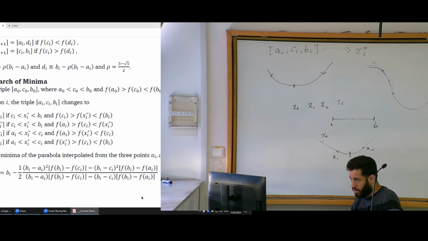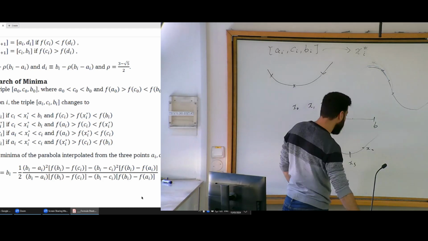So in the second condition, for example, how does f of xi star is larger than f of ci? Like xi star is not the minima of the function. This is how we calculate it. I know that it's the extrema of the function.